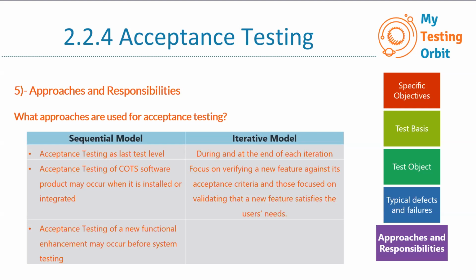Let's say again there are 10 features, and during acceptance testing, whoever is doing it identifies that there is one feature which was not developed as per the requirement, or maybe it was miscommunicated and the developer developed it incorrectly, and maybe the requirement needs to be changed.